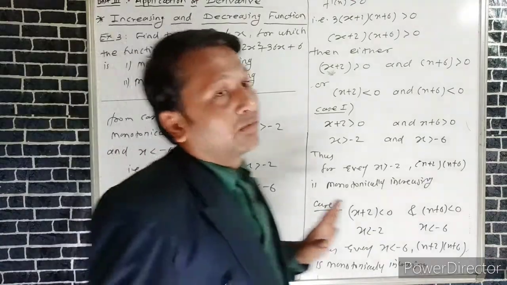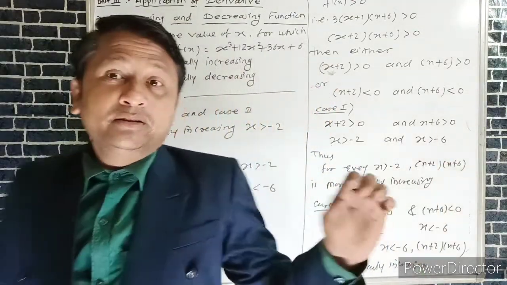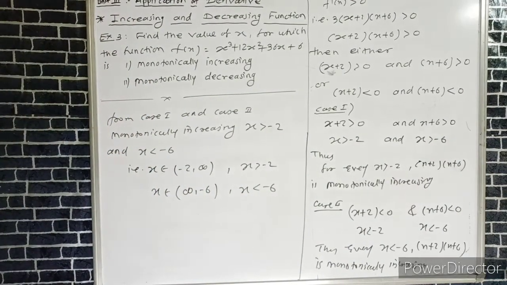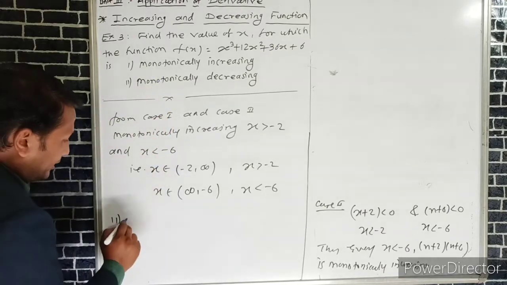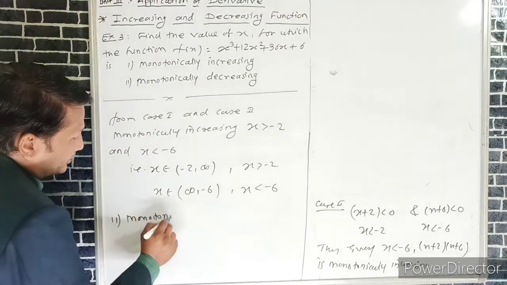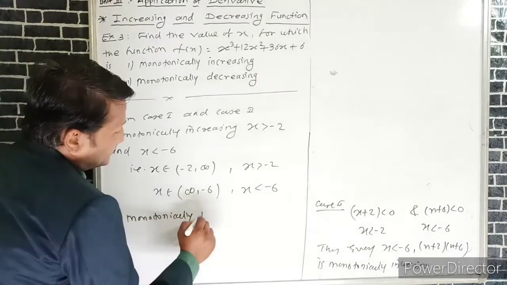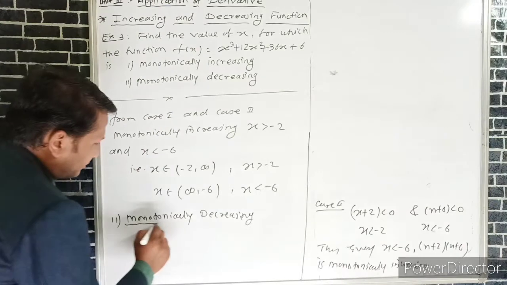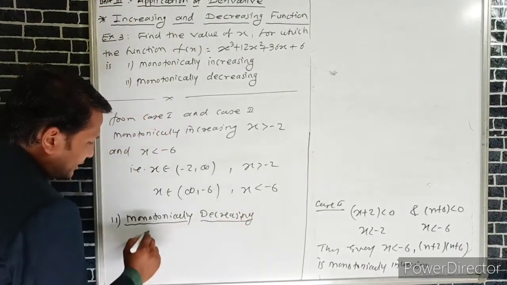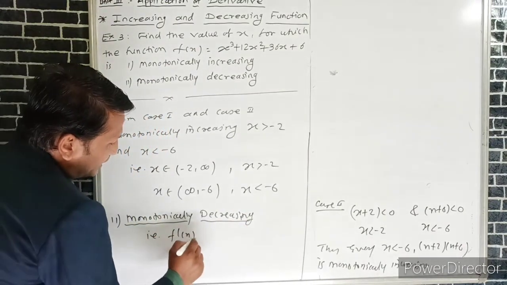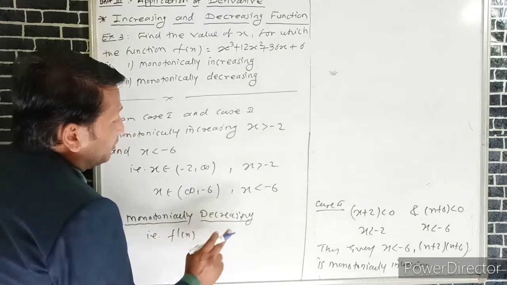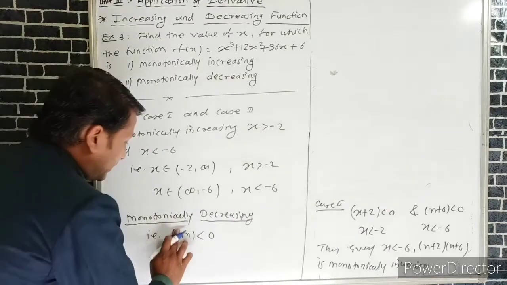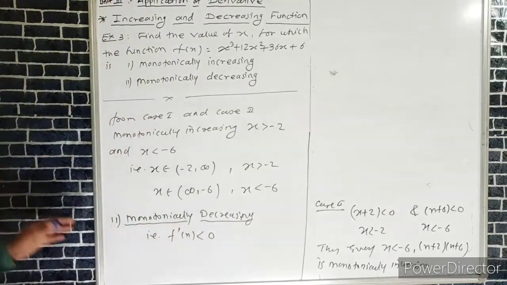Now we have to find the value of x when the function is monotonically decreasing. We know the condition: when the function is monotonically decreasing, f dash of x is strictly less than 0.